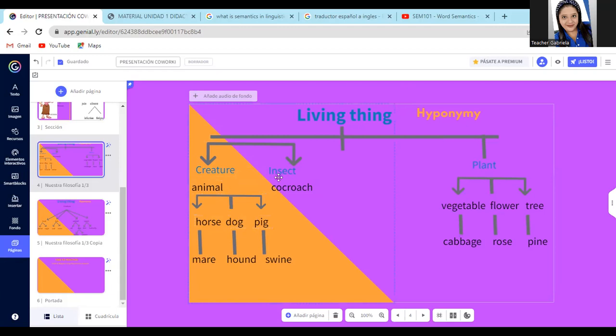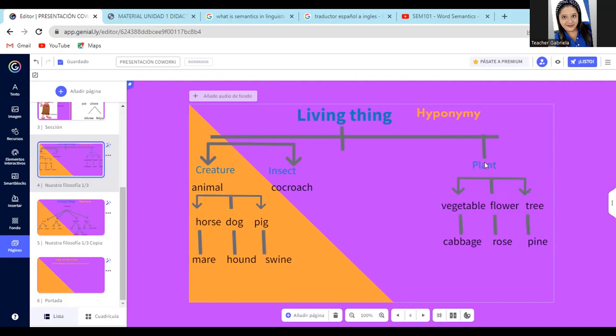And in the case of the word insect, you are going to choose another kind of insect, right? Then we have plant. Maybe you are going to use vegetable and you are going to add other kinds of plant here, because I added it, and you cannot use the same word that I use.